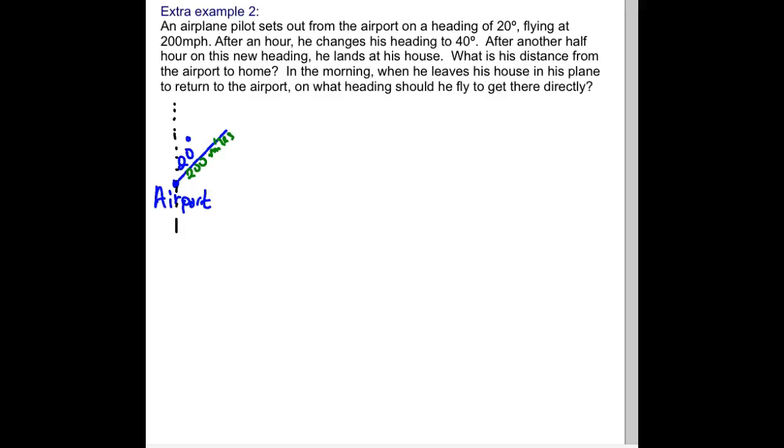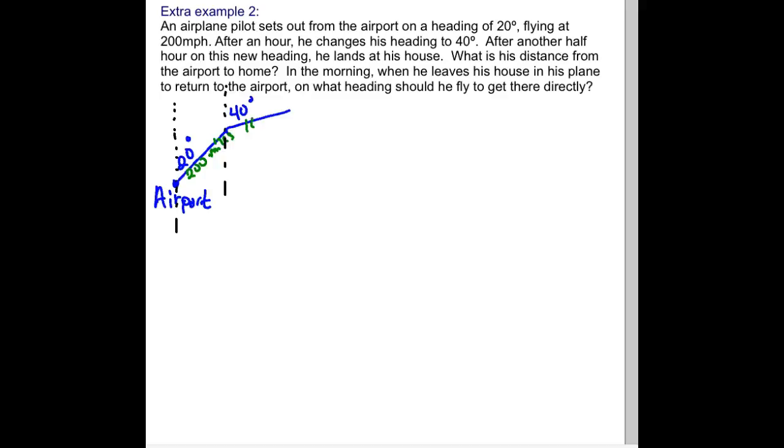After an hour, we change direction. So again, from vertical, we are now heading at an angle of 40 degrees. Now we only travel in that direction for a half an hour, and if we're going 200 miles per hour, in a half an hour we would have covered 100 miles.